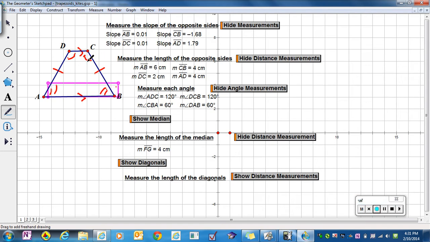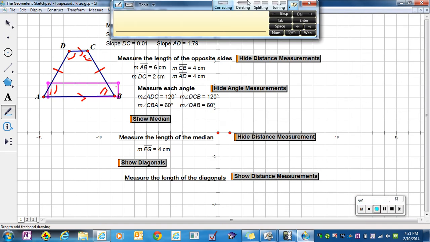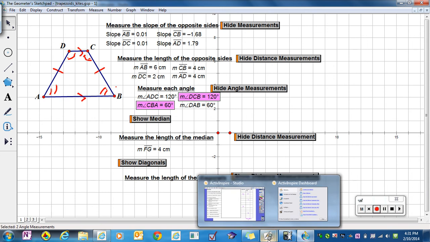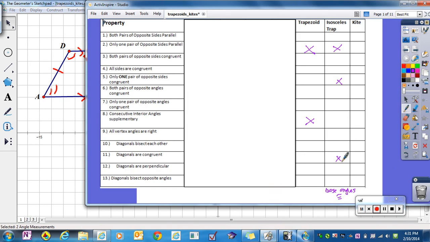And if I look at my consecutive interior angles, angle D and angle A, which are these two right here, add up to 180, and my other two consecutive interior angles, angle C and angle B, also add up to 180 degrees. So my consecutive interior angles are still supplementary.